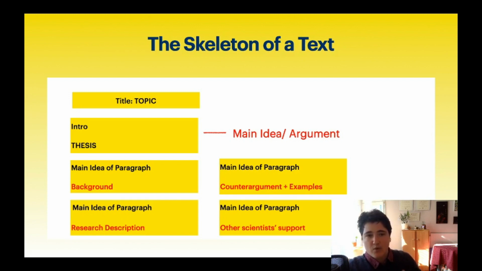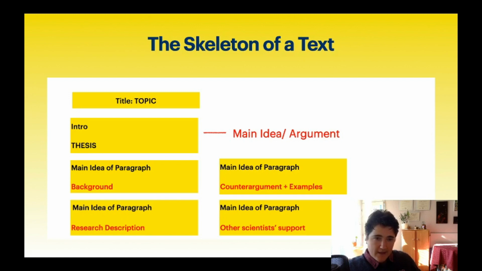So for example, let's say we took gift giving. If the thesis is that gift giving is more related to feelings of appreciation than we are used to thinking, and there is a brand new research that shows that, the first paragraph after the thesis could give us the background of all the research that has been done in this field.